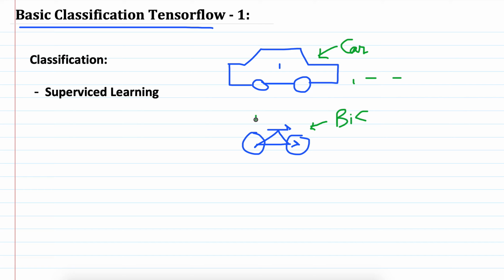So we have, say, 10,000 images of cars and maybe 6,000 images of bicycles and some other classes, or we can assume just two classes, and we train our neural network by feeding in input, and the neural network will try to understand what are the features in these data sets that are different.